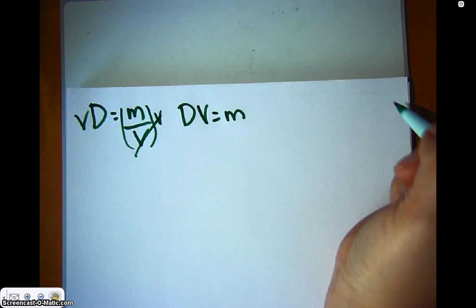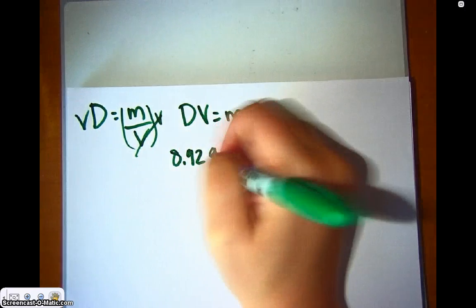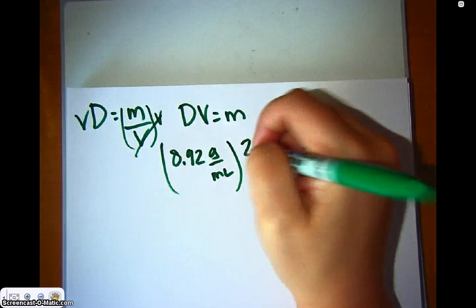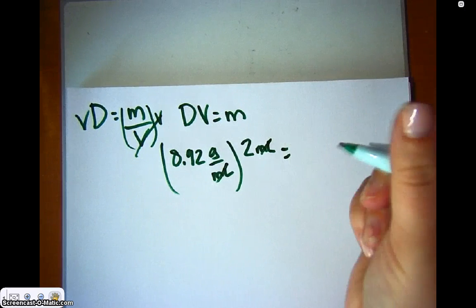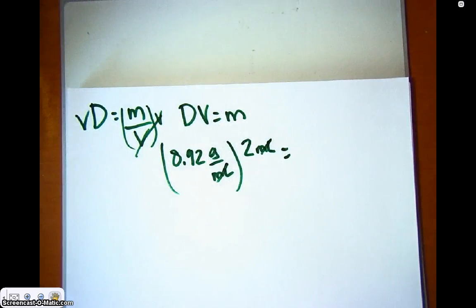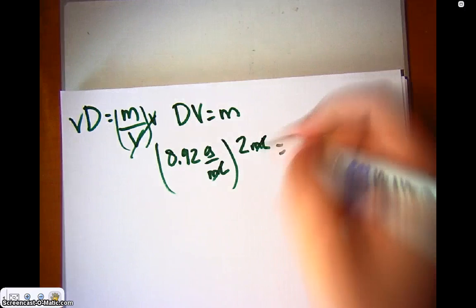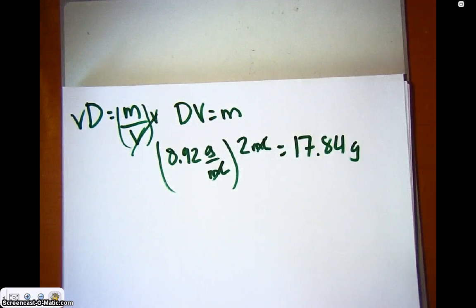And I get D times V equals M. So 8.92 grams per milliliter, and if I multiply that by 2 milliliters, we can see that the milliliters cancel. And I would get 8.92 times 2, 17.84 grams.